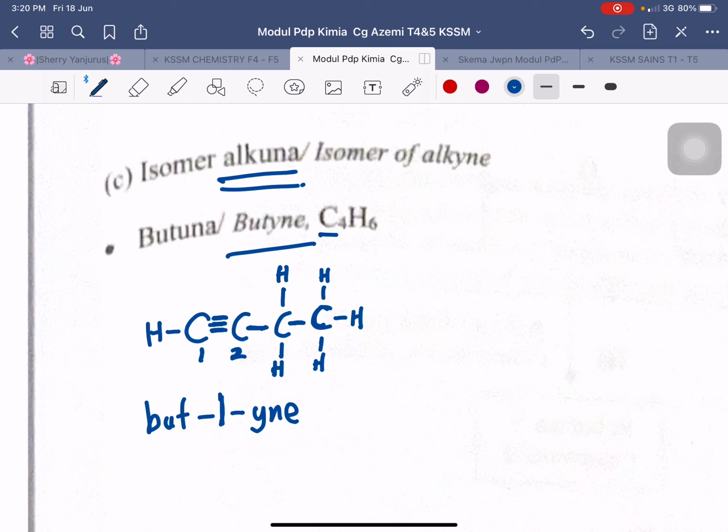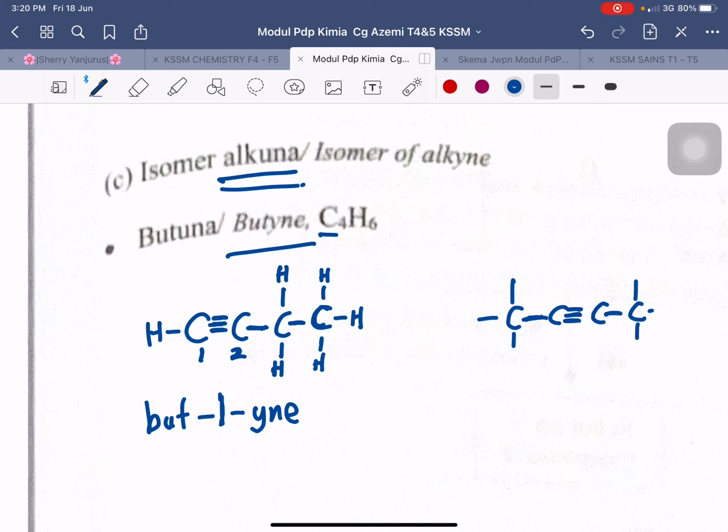Ingat, if you have functional group, apa yang kamu boleh buat if you kena suruh draw isomer, pindahkan saja tempatnya. Okay, pindahkan. So, lukis lagi. 1, 2, 3, 4. Pindahkan lah. So, 1, 2. Pindah, sudahlah. Yang lain tu isi hidrogen. 1, 2, 3. Ini tidak payah.